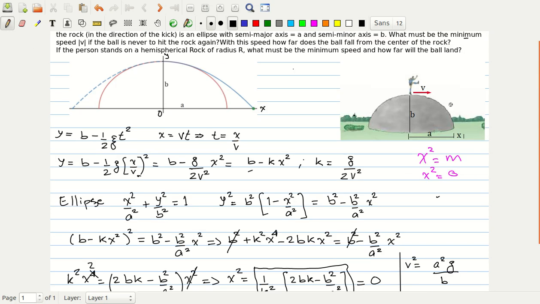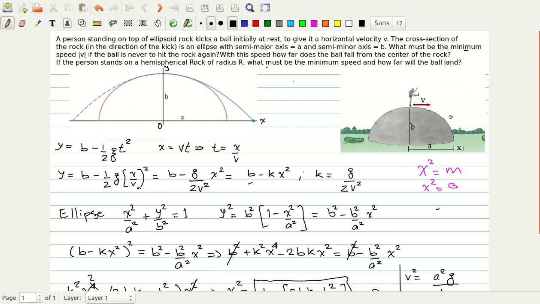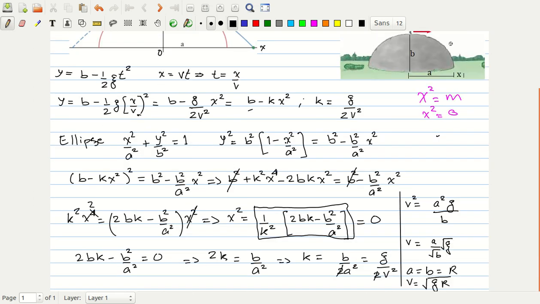Now let us come to the second part of the question, which is asking how far does the ball fall from the base center of the rock. So we know what should be this distance. This distance is where the parabola y becomes 0, that is b minus kx square should be equal to 0.